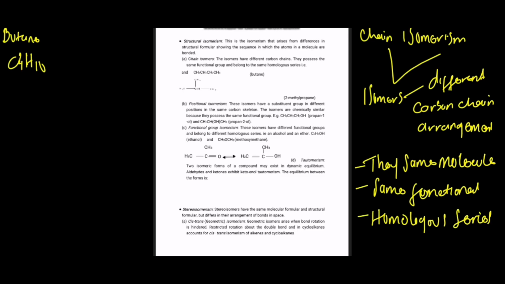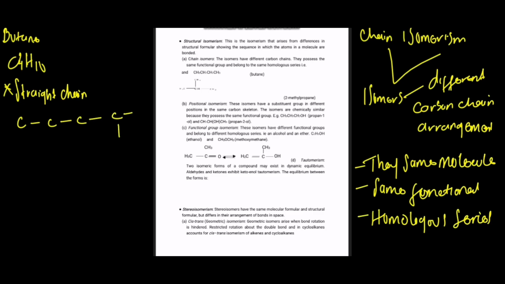Let me use it to explain what chain isomerism is. We said that in chain isomers, they have the same functional group and the same homologous series, but different carbon chain arrangements. Using butane as an example, we can arrange it in two ways. The first is the straight chain, a C, single bond, another C, something like this.